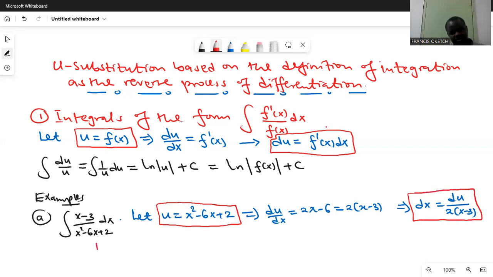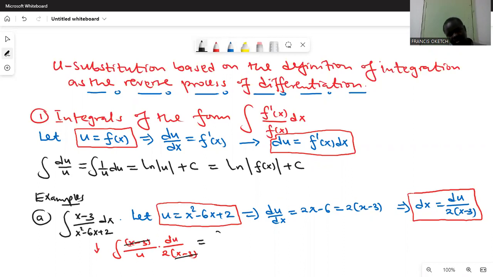So when I substitute into our integral, we'll now get x minus 3 over u times dx, which you have said to be du over 2 into x minus 3. So you see here, the x minus 3 will cancel with this other x minus 3.